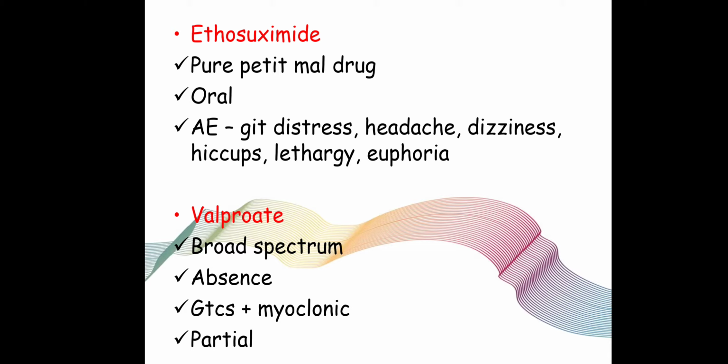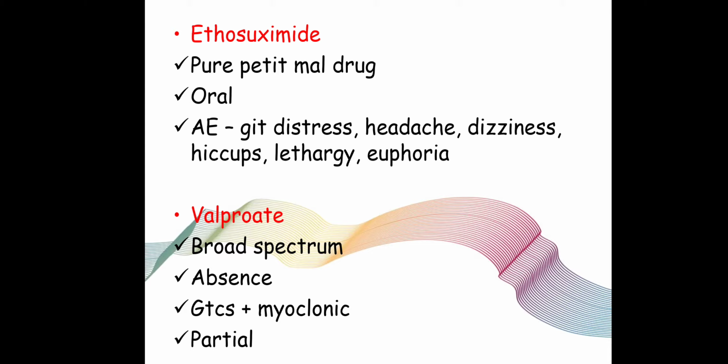Okay, next is ethosuximide. It is used in petit mal, or you can say absence seizure. It is the drug of choice in absence seizure. We have discussed earlier that ethosuximide and valproate are used. It is known as a pure petit mal drug, because it is the first choice for absence seizure, given orally.